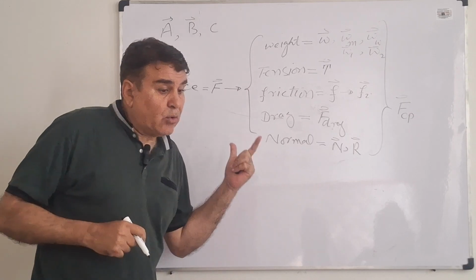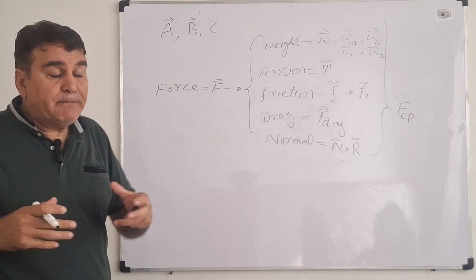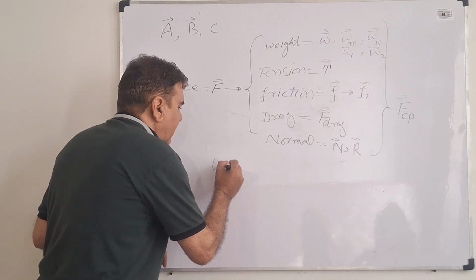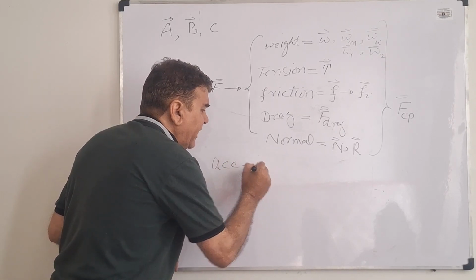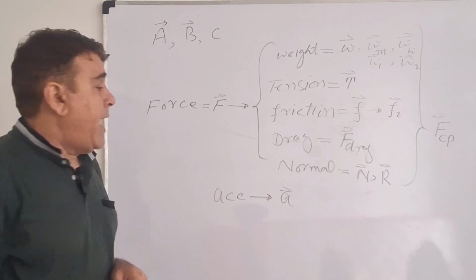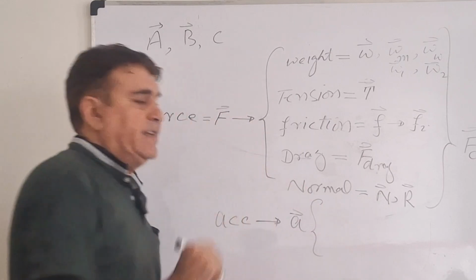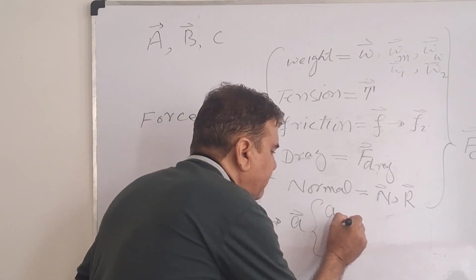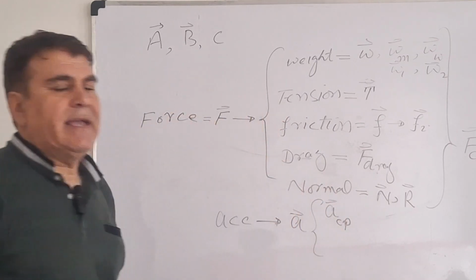And this is not only limited to force. For example, if you are dealing with acceleration, then the generalized notation for acceleration is a. However, if the acceleration is due to circular motion, we call that centripetal acceleration by adding the subscript, a sub CP.